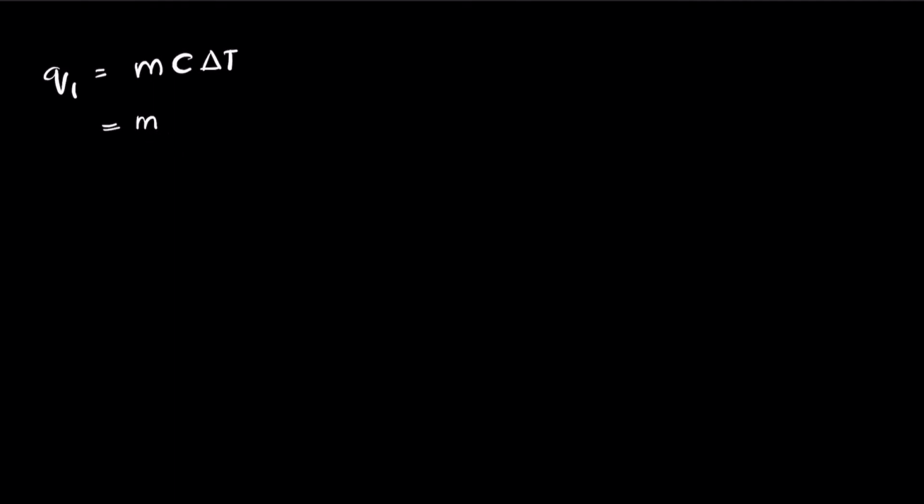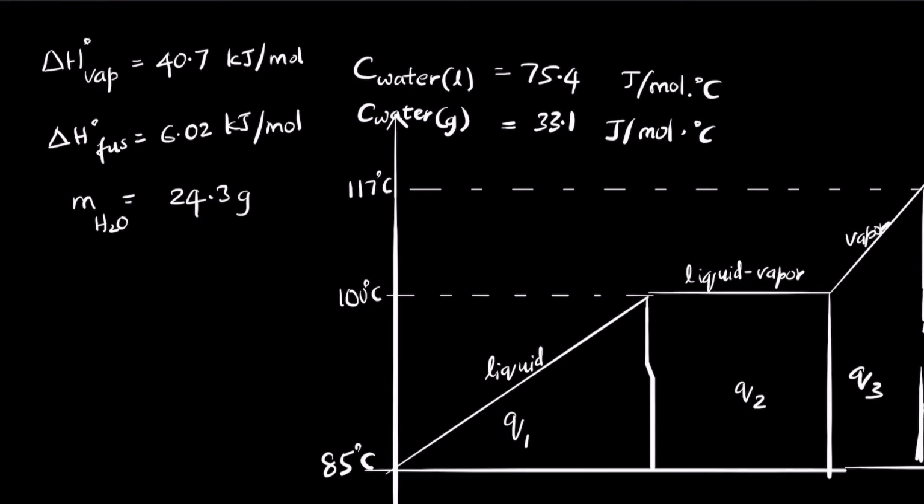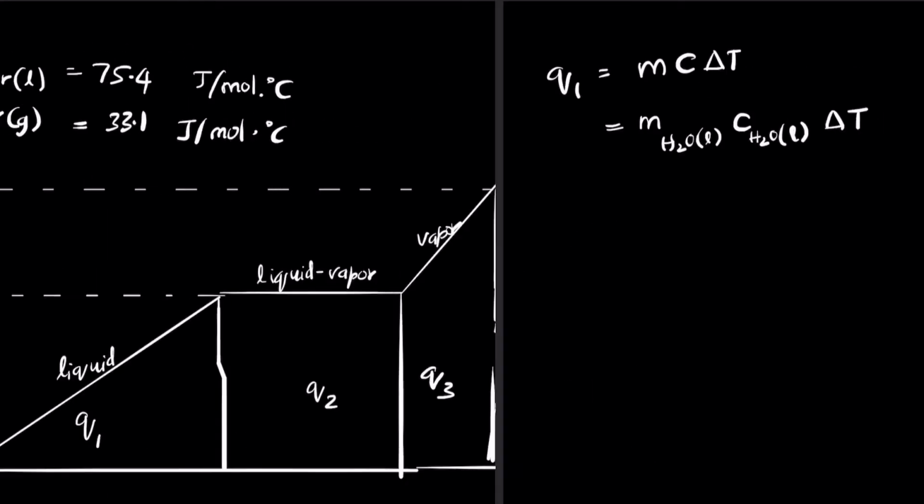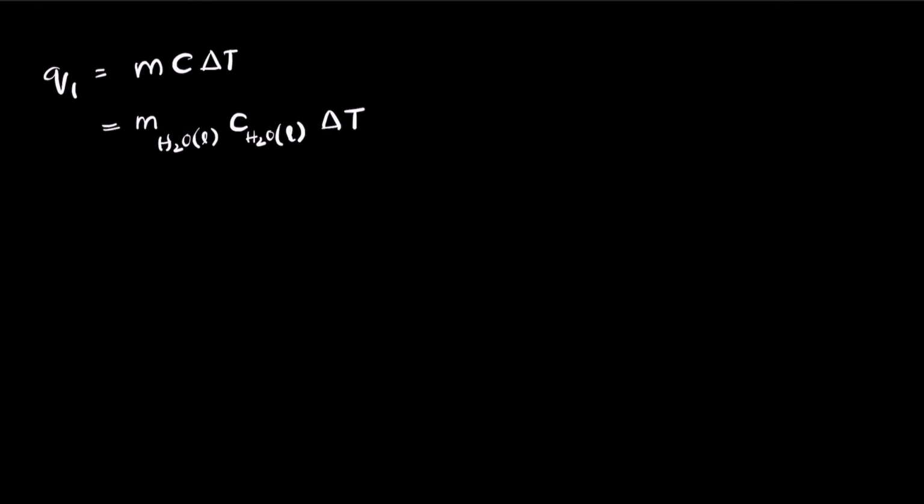so mass of H2O as a liquid, and C of water as a liquid, into the temperature change that happens during Q1. So during Q1, the temperature change happens until 100 degrees. So it starts at 85 and ends at 100 degrees. So delta T here is always the change in temperature, the final temperature minus the initial temperature.